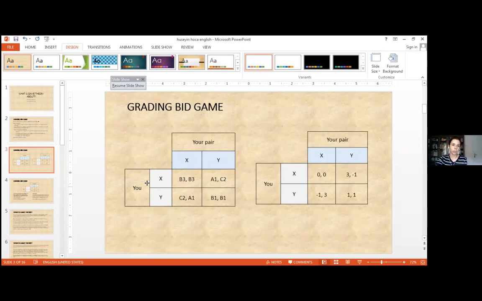So here, your choice and your strategies of choosing X and Y. These are the payoffs of the players. The first payoff is the player's own payoff if this outcome happens, which means that if you chose X and your pair chose X too, you will get B3. And your pair will also get B3.